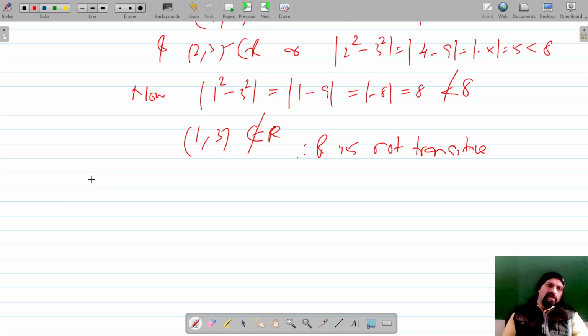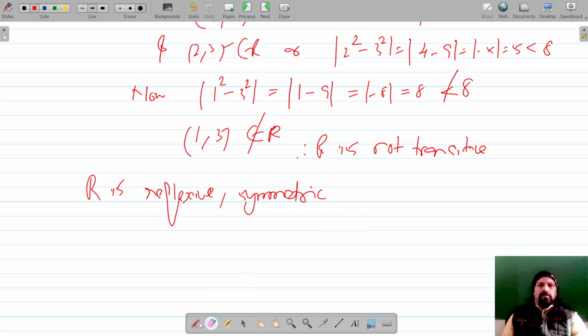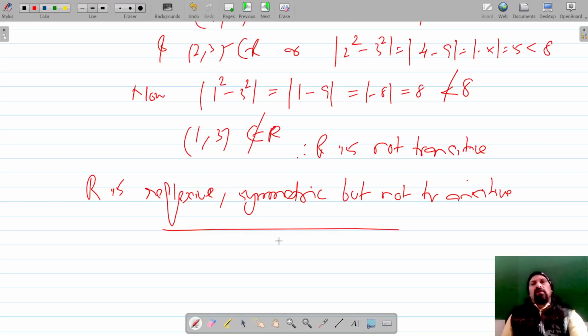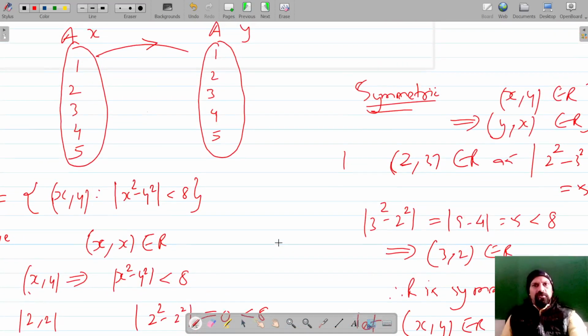So hence we can say that R is reflexive, symmetric, but not transitive. Okay, let's move on to part B.